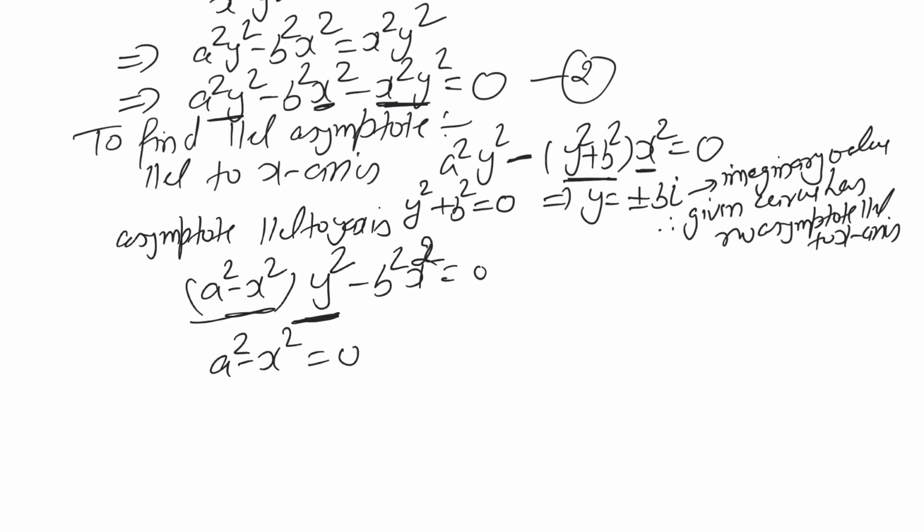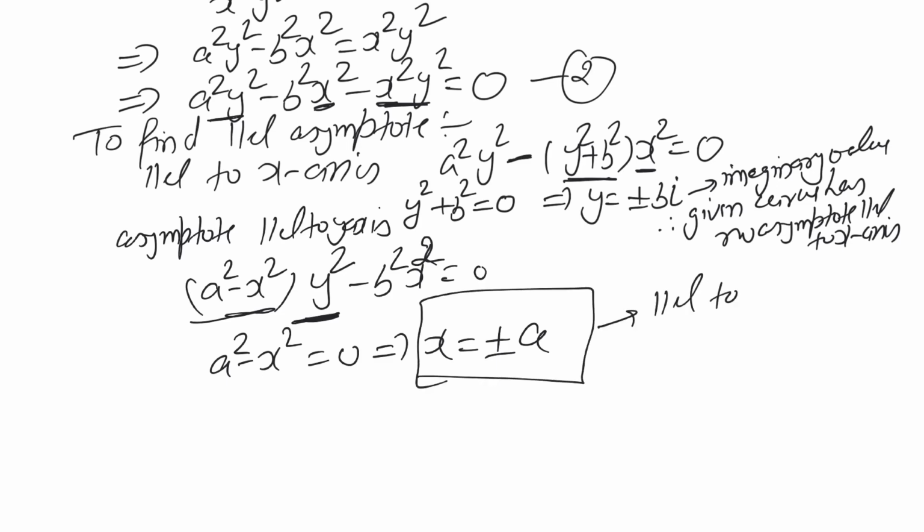This implies that x is equal to plus minus a. So these are the asymptotes parallel to y-axis and are called vertical asymptotes. That is how vertical and horizontal asymptotes, that is parallel asymptotes, are calculated.